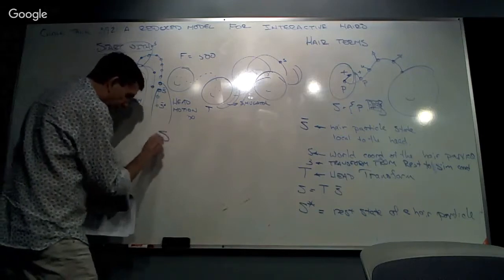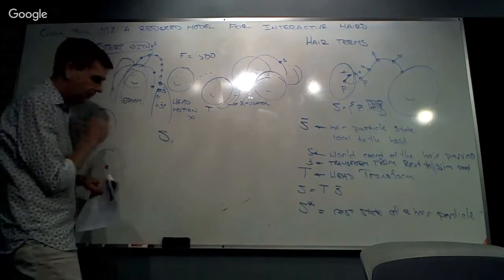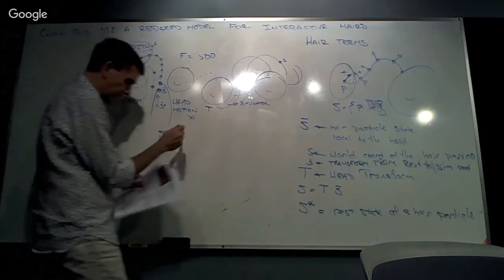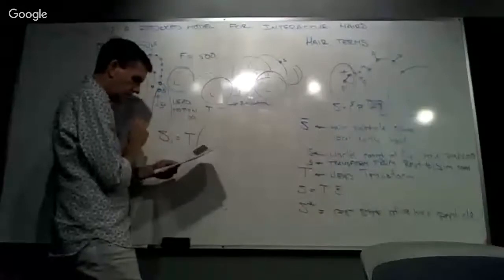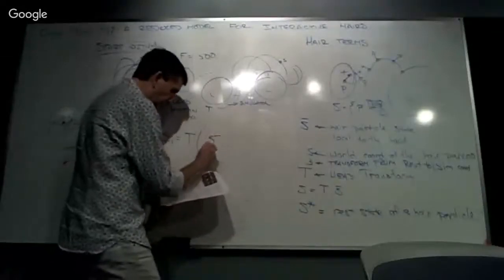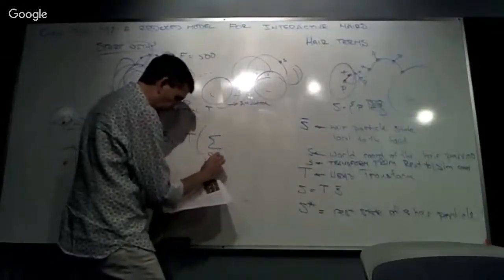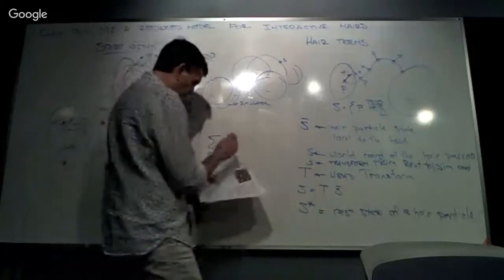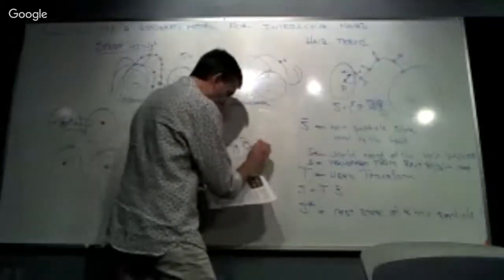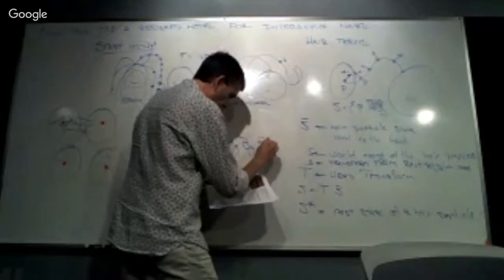So S sub I, that is a single hair, position in world space, the transform of the head times this G element Ci. I'll explain what that is. Wij Bg S star.